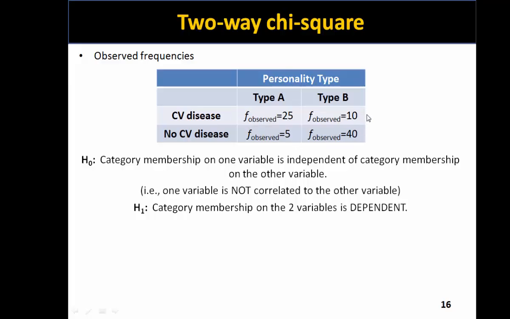And just by making a subjective observation of these data, we would suspect quite strongly that there is a dependence between personality type and cardiovascular disease, given the pattern of these numbers, which is more similar to the second example on the previous slide. So this ends our lecture on the two-way chi-square.